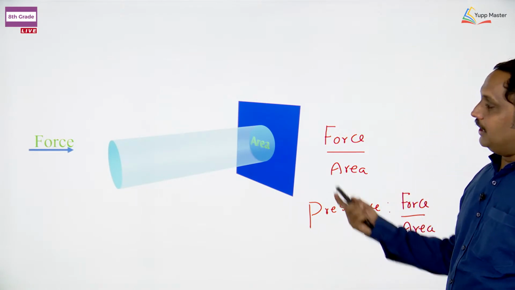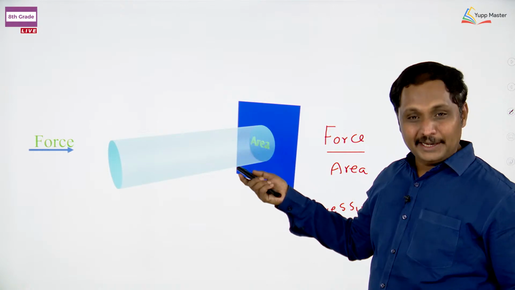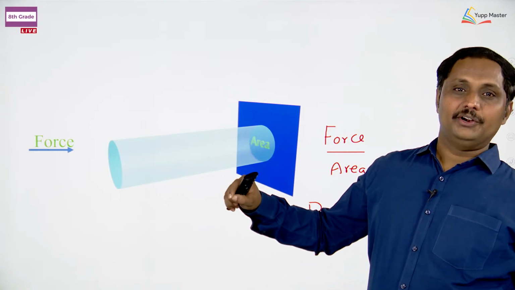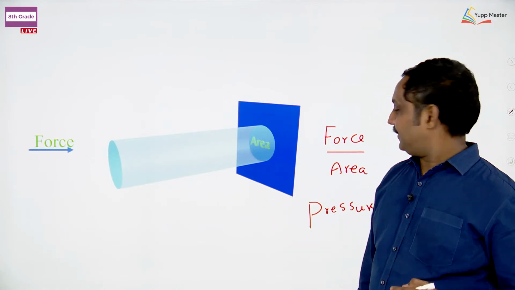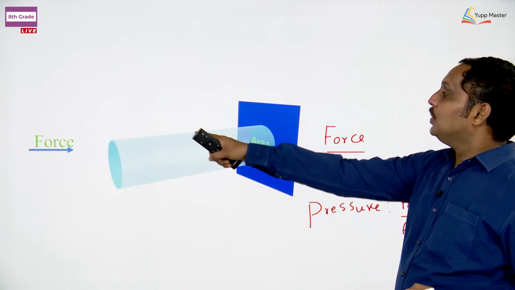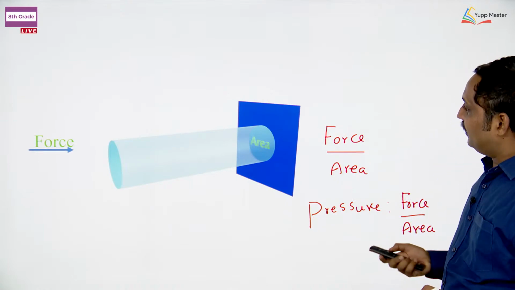Now it is very clear, we are going to measure one physical quantity. You need to know what the dependent quantities are. So if you want to measure a physical quantity, you need to take the dependent quantities also. It's very clear. So here pressure has been derived, it is measured from the known values of force and area. Very clear.